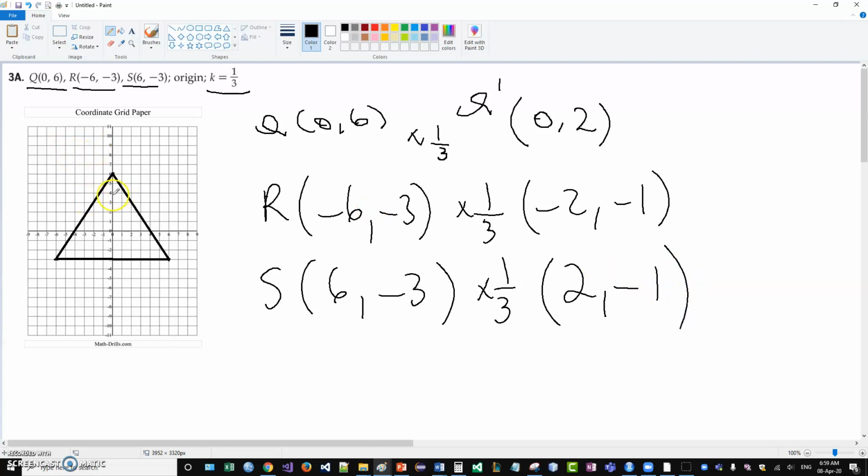Okay, let's locate the points on the coordinate plane. So 0, 2 is right here. Minus 2, minus 1 is right here, and then 2, minus 1 is right here. And let's connect the dots.